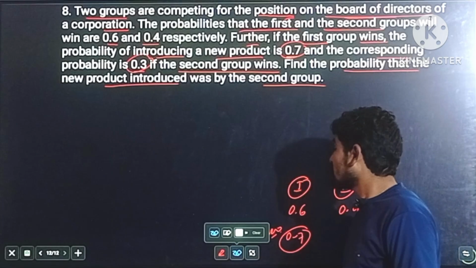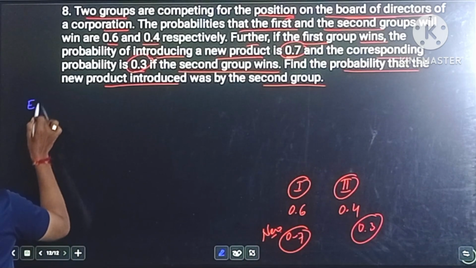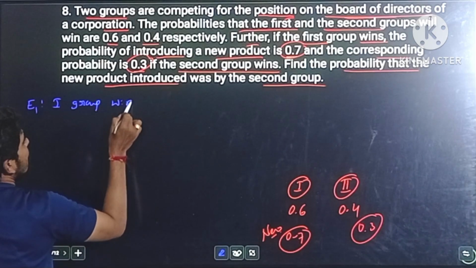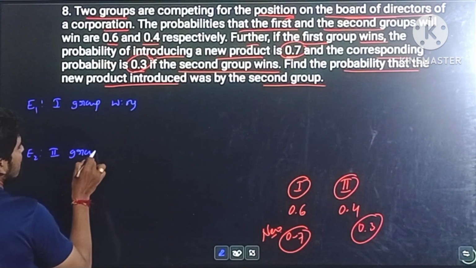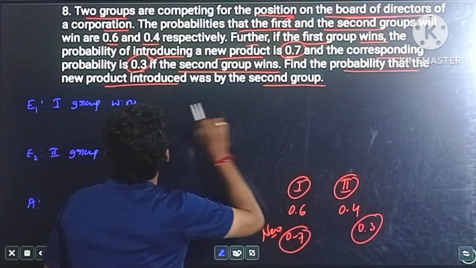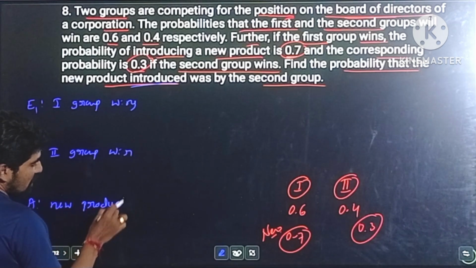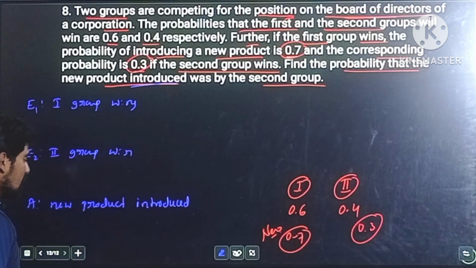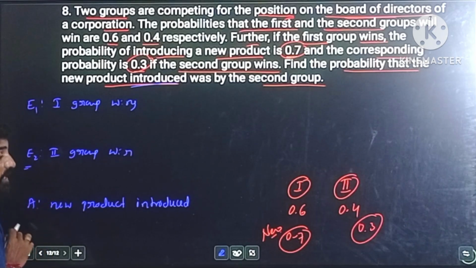Totally there exist two groups, so we have two mutually exclusive events. The first event E1 is: the first group wins. E2 is the event: the second group wins. And A is the given event, that the new product was introduced. We need to calculate that this new product was introduced by the second group, which is the second event.